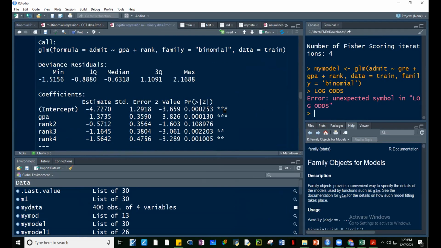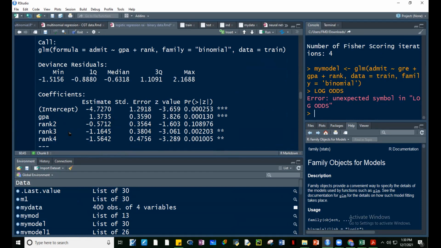So we have to be careful in interpreting this, yung 1.3735 na yan. Strictly speaking, ang ibig sabihin nito, for every 1 point increase in GPA, there's a 1.3735 increase in the log odds of being accepted. So pag tumataas yung GPA, the log odds for being admitted increases by 1.3735.